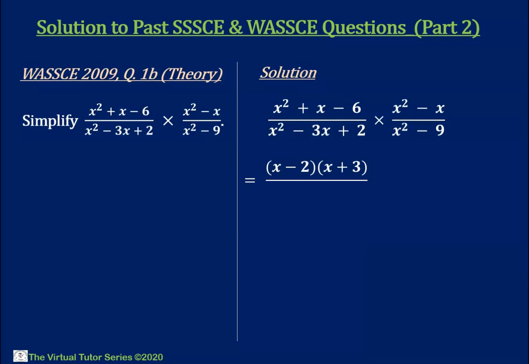For the expression x squared minus 3x plus 2, the coefficient of x squared is 1. The coefficient of x is -3, and the constant term is 2.